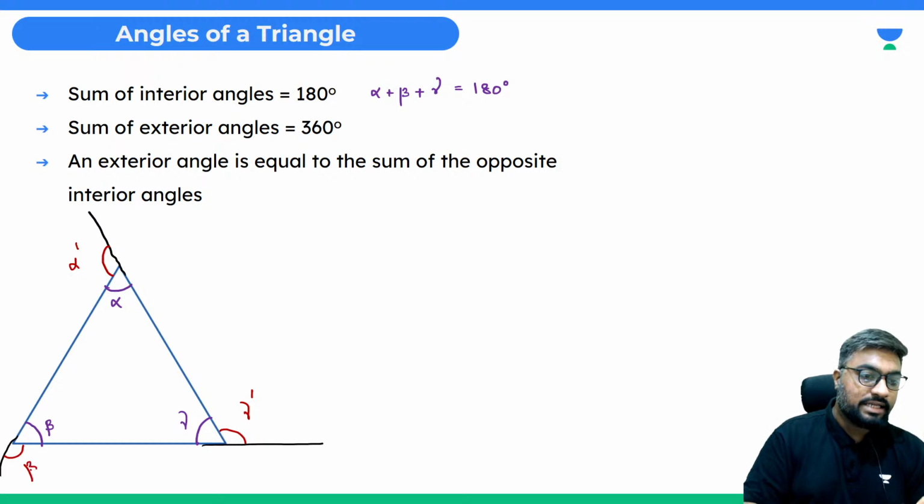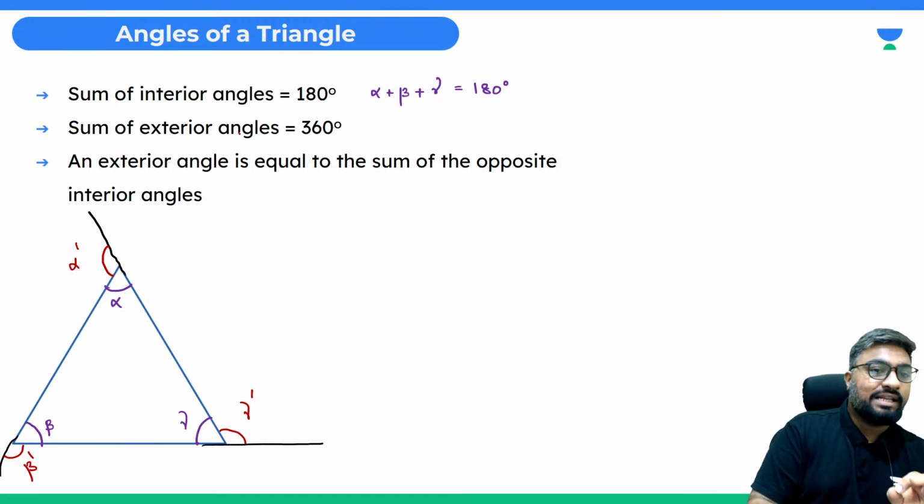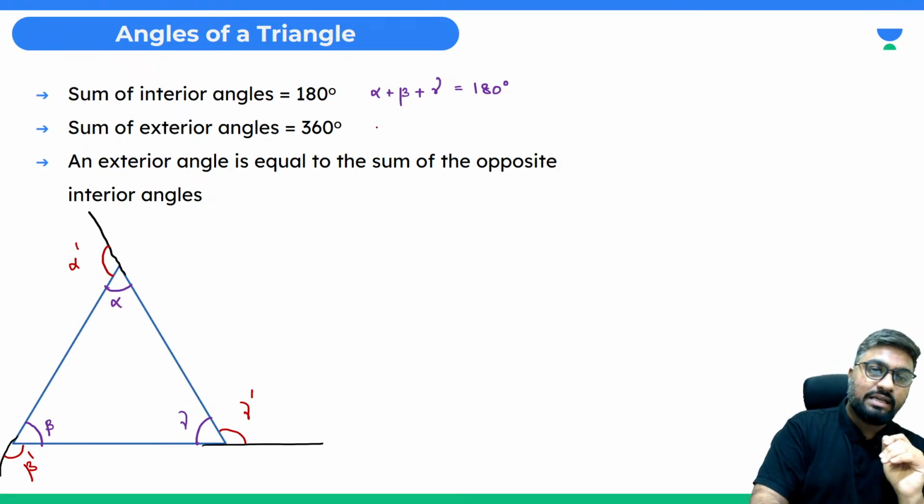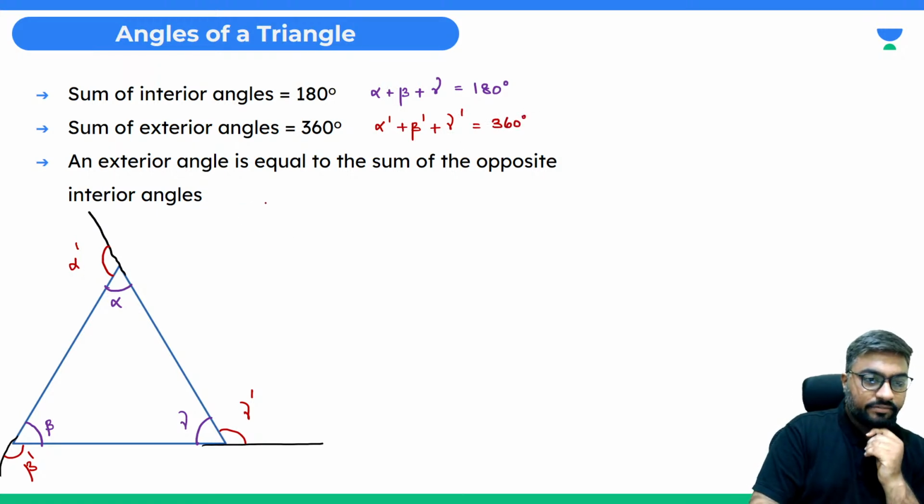These are called exterior angles. Yes, so sum of exterior angles, this applies for any polygon. For any polygon, sum of the exterior angles will always be 360 degrees. Got it? Is this clear, guys?